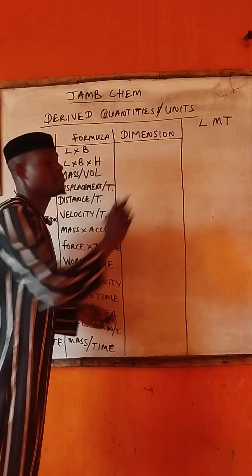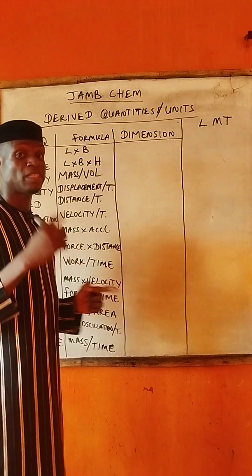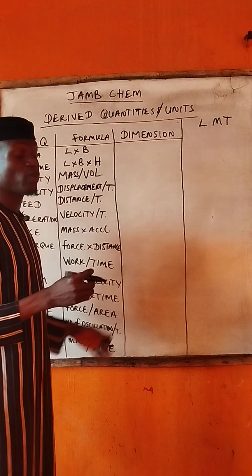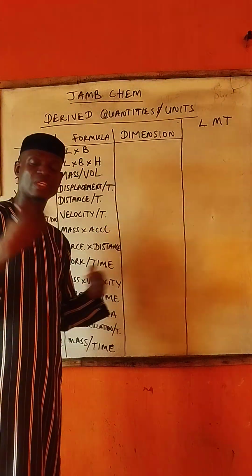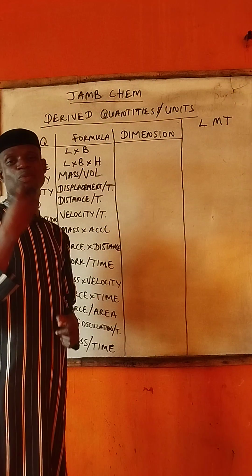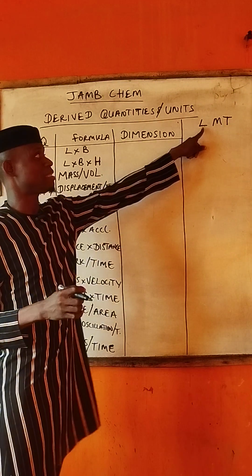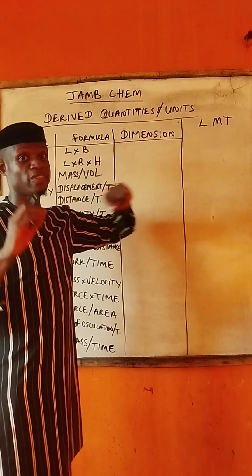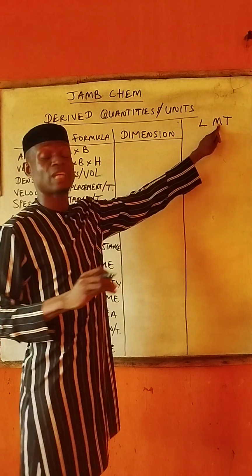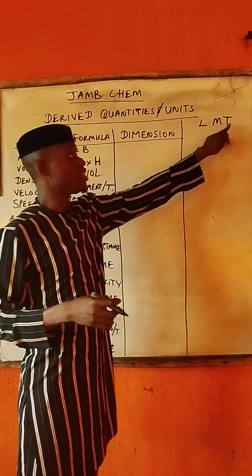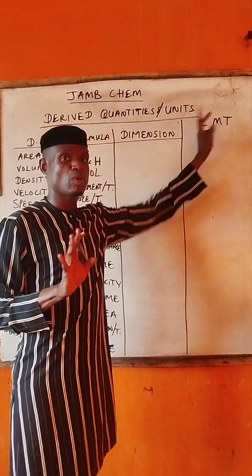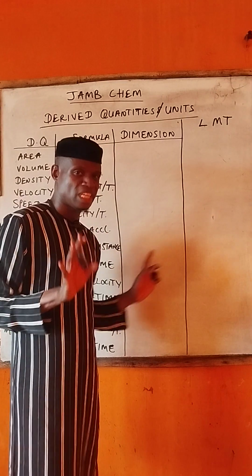So if you say length or breadth or height or displacement or distance, we represent it as capital L. If you say mass, you use capital M. And if you say time, you use T. That one doesn't change. That is the fundamental; they don't change.